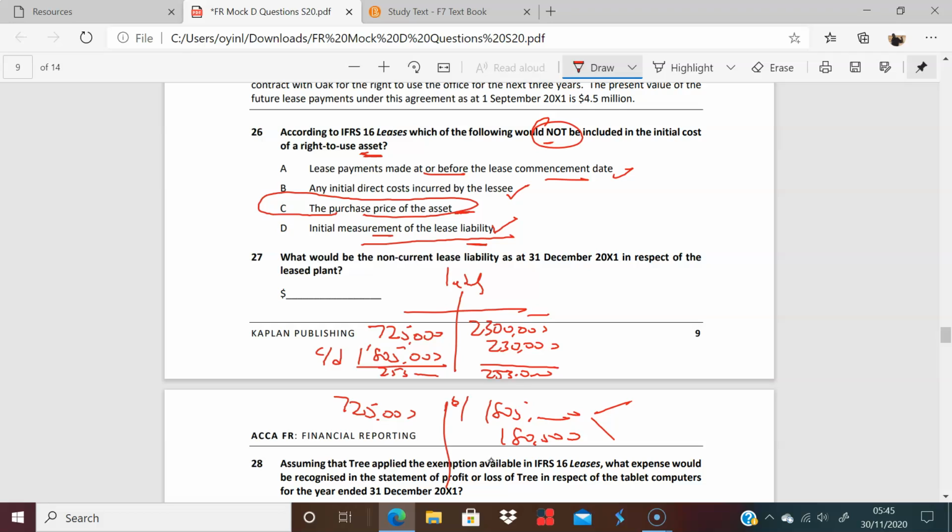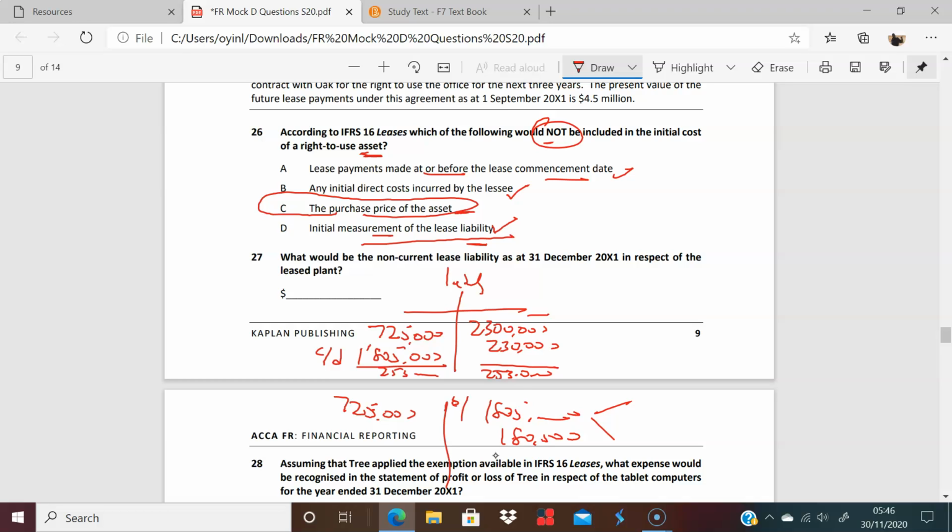You're paying off quite a bit, aren't you? It really is these two things. 725 minus 180 ultimately is the current. But let's just complete this. My carry down figure is this plus this minus this, isn't it? So I have 1,805,000 plus 180,500 minus 725,000.